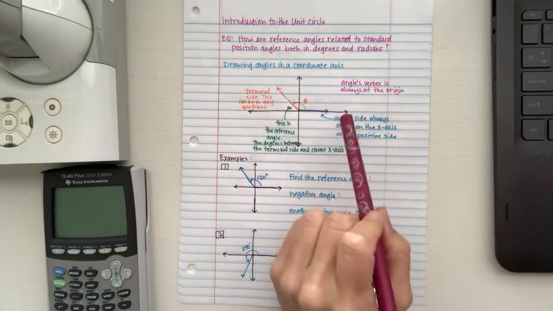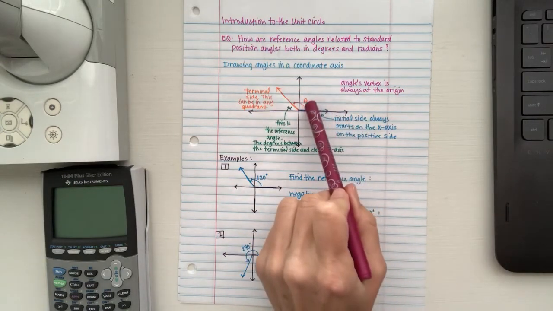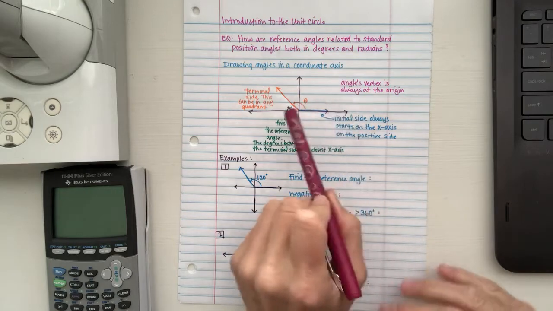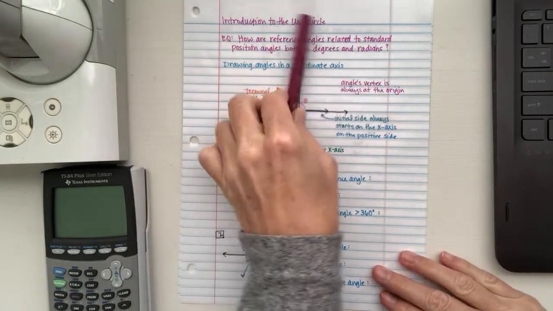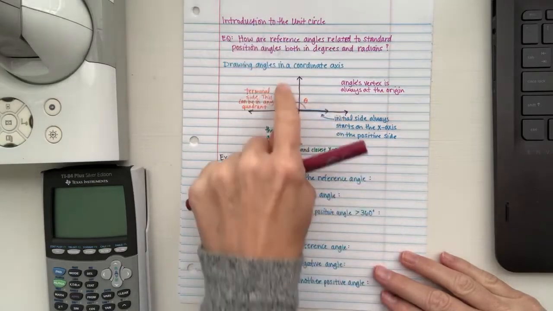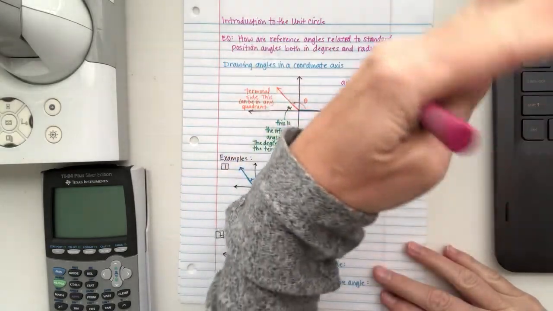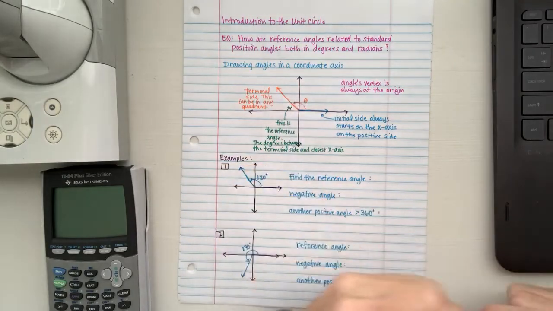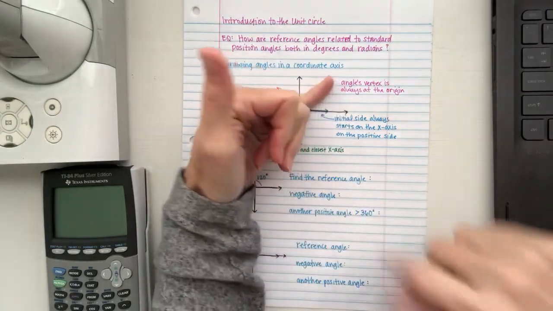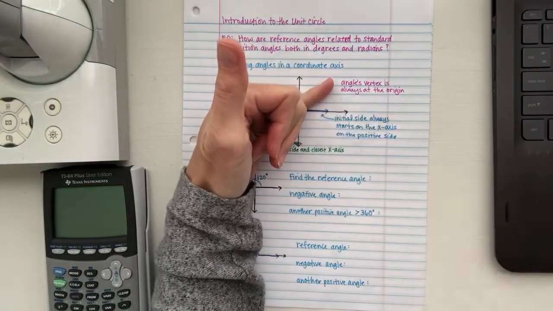We're also going to talk about how we can rename this angle. When we open up from our initial side and we have our terminal side, as long as we're going counterclockwise, that is a positive angle. If I were to just open it up here, it would be a positive 30-degree angle, let's say.